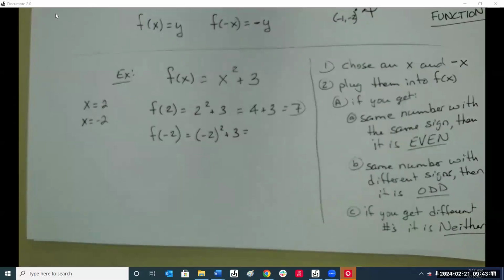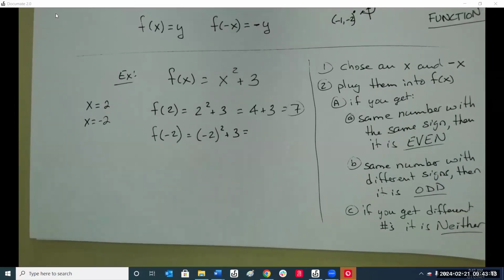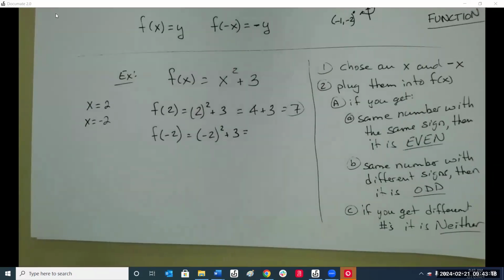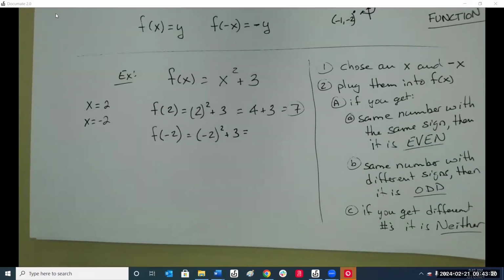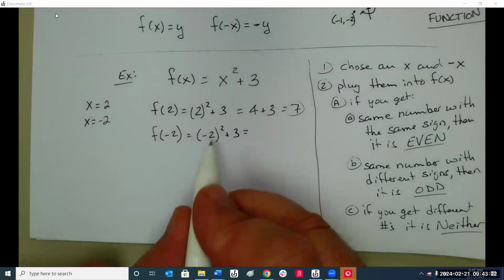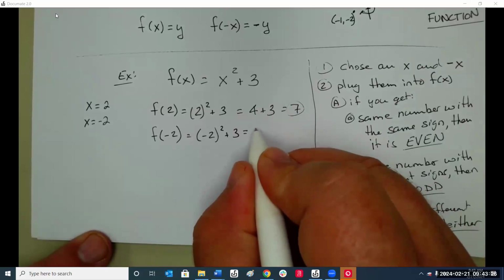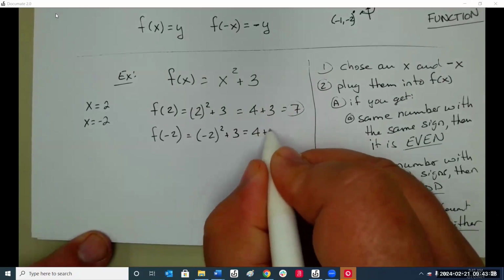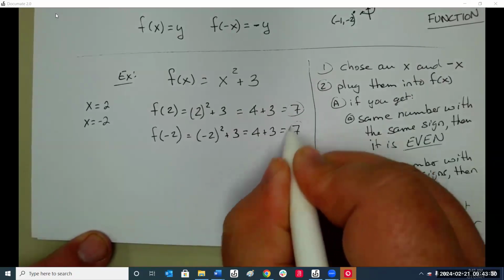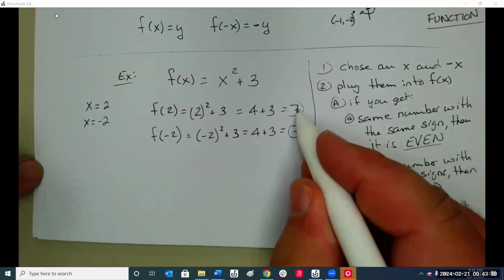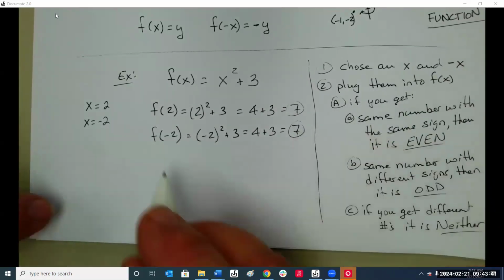Whenever you input a number inside an equation, it's safer if you put them in parentheses first. I'll tell you why in a second. So what's (-2) squared? -2 times -2 is +4, plus 3 is 7. So we get the same answer, same signs, so it's even.